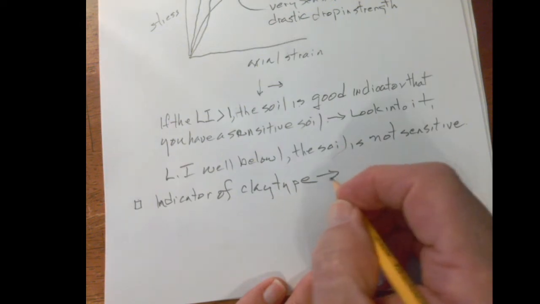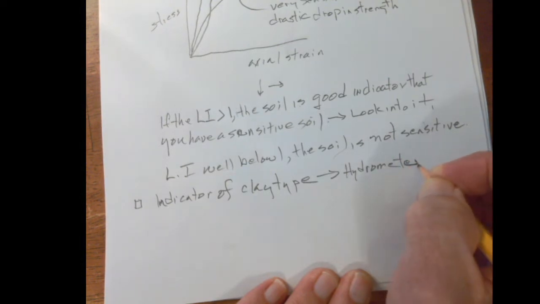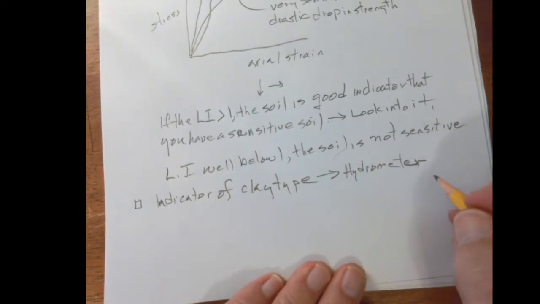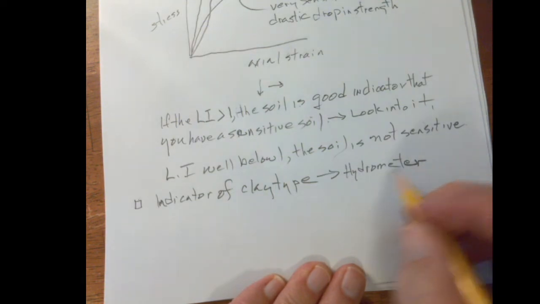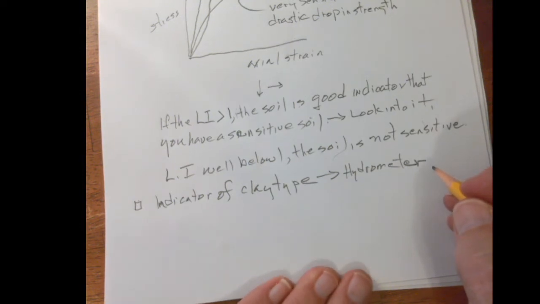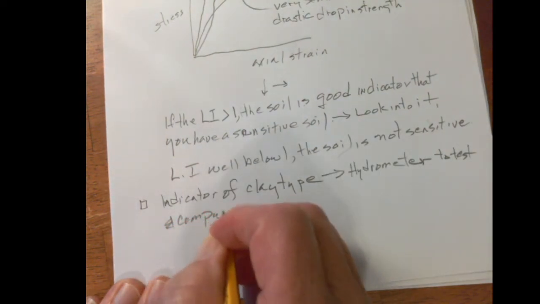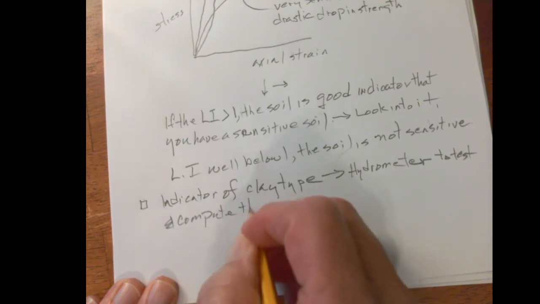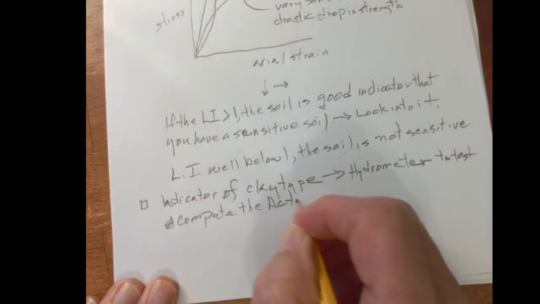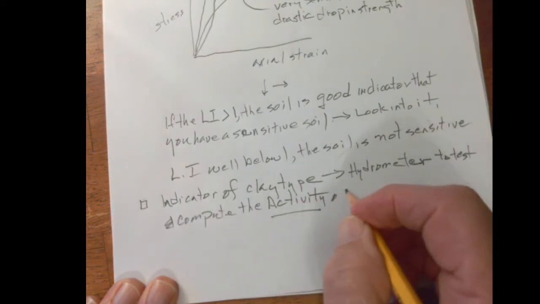It uses a hydrometer with the Atterberg Limits to test and to compute the activity of clay. I'm going to capitalize that because that's a thing. Activity of clay.